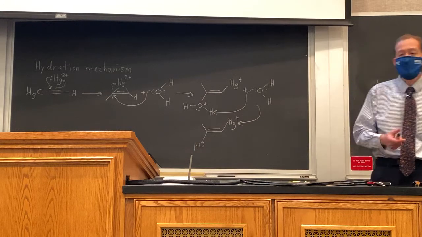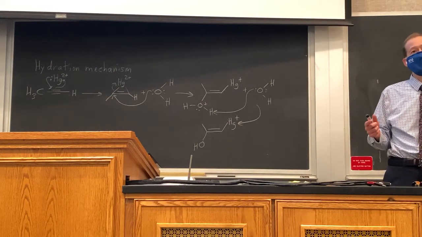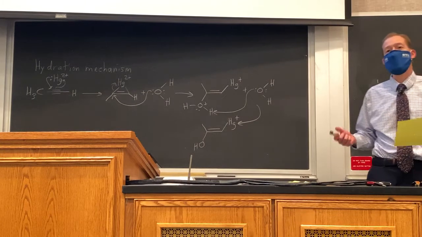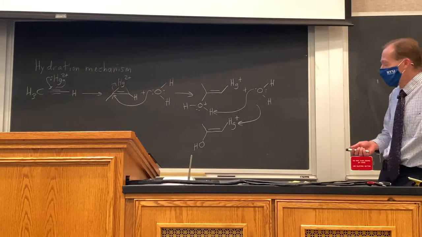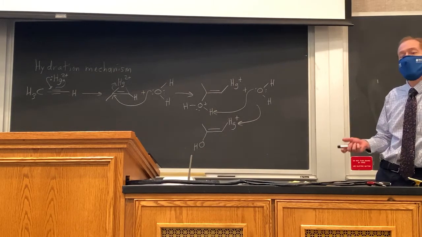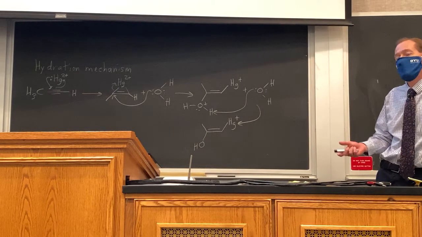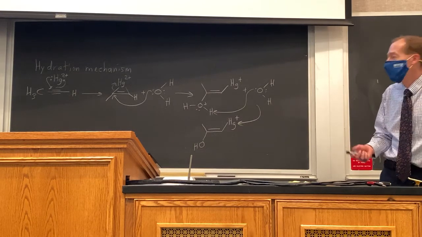It's also suspicious that the mechanism in the book doesn't use the mercury, so it wouldn't make sense to use mercury in a reaction if it wasn't playing a role. So we have a mechanism that I'll show you now, which is more complicated than the one in the book, but it does make more sense because it uses the mercury and it avoids a vinyl carbocation intermediate.